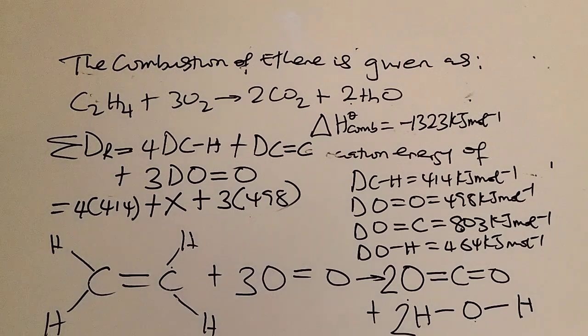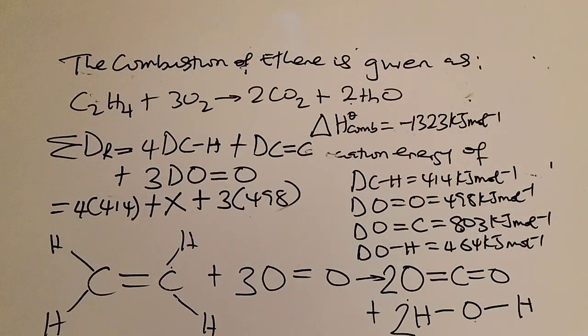498. That is it. So when I multiply everything together and add them, I'll have 4 times 414 plus 3 times 498, so we get the correct answer without waste of time. 4 times 414 gives us 1656. 3 times 498 gives us 1494.